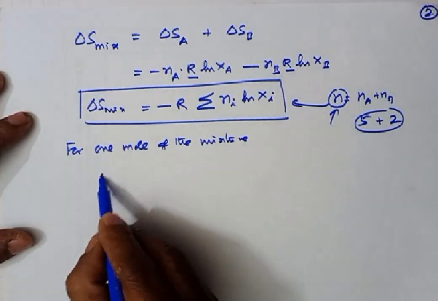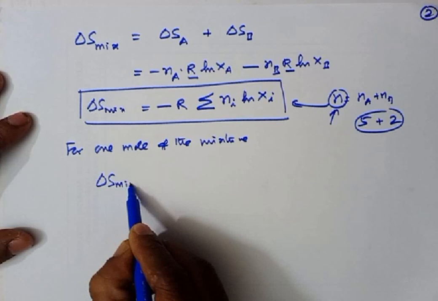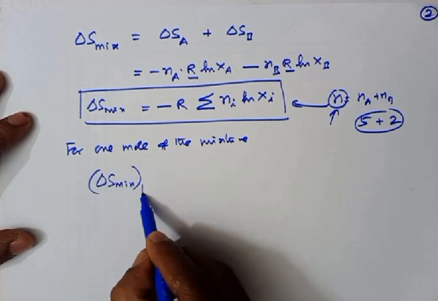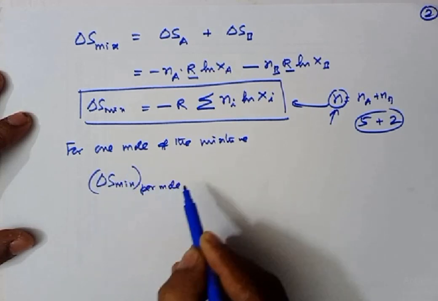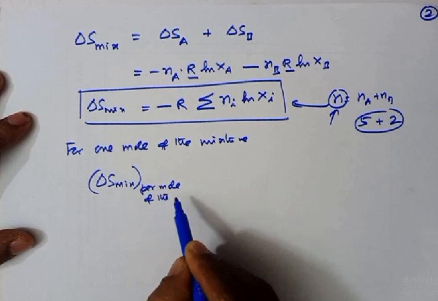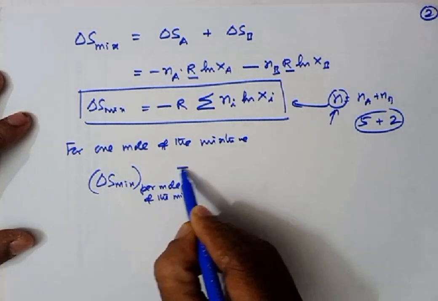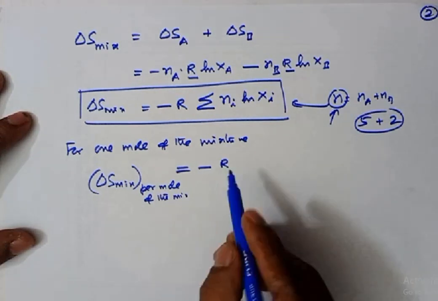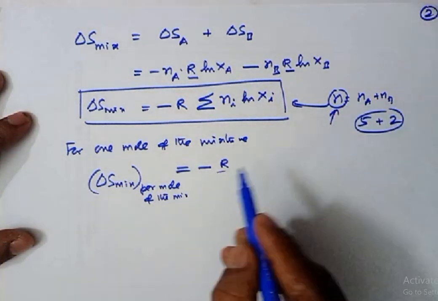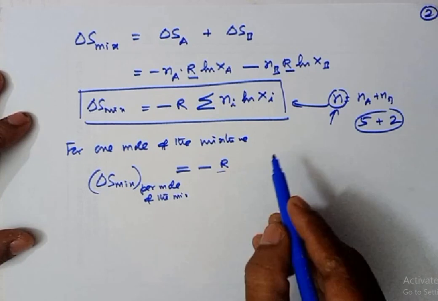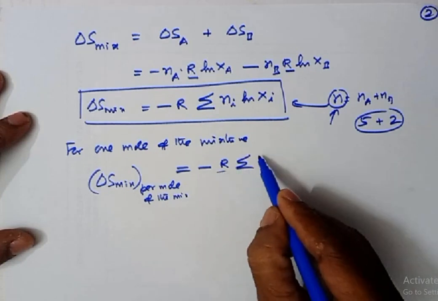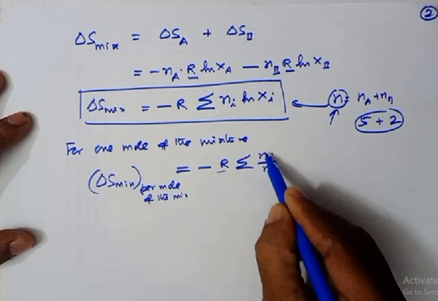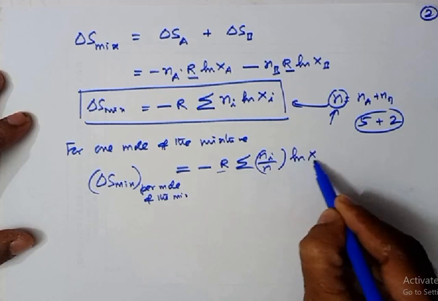So delta S mixing per mole of the mixture, keep this in mind, equals minus R, divided by n we have to put, but I can bring n inside. So I'll get Ni by n ln xi.